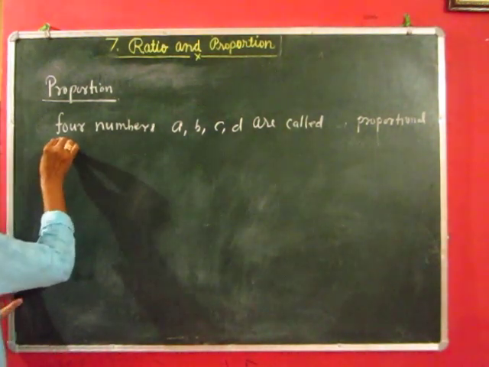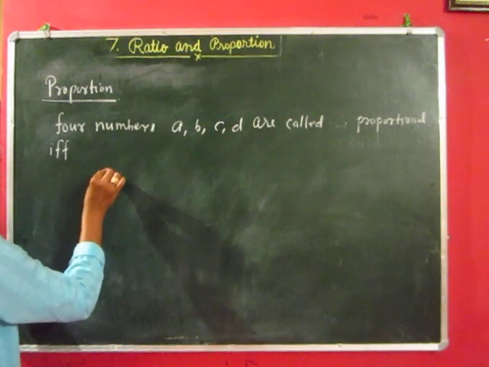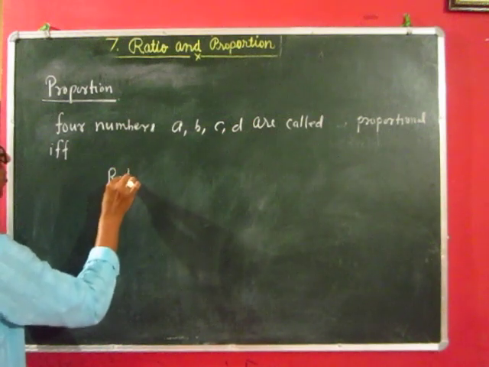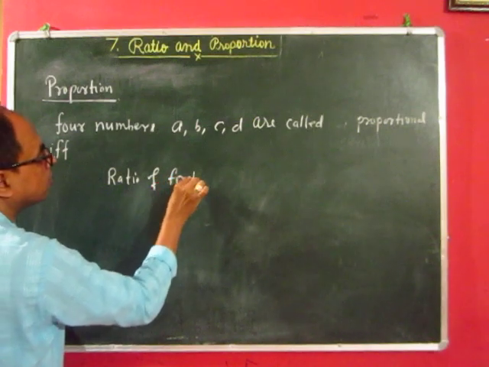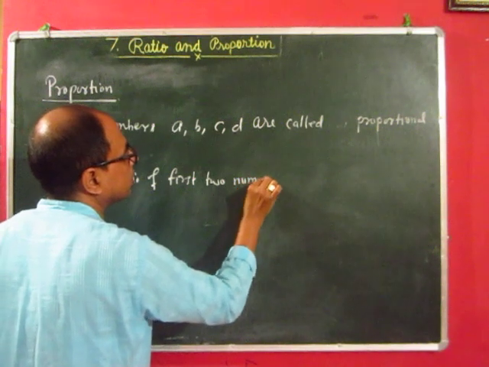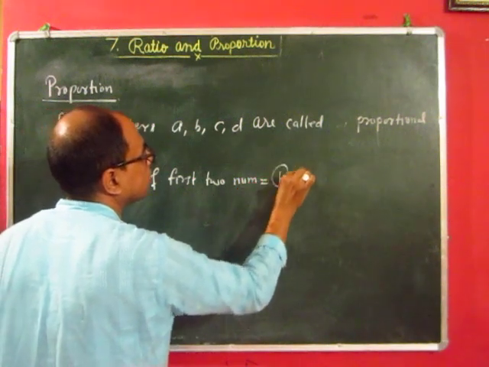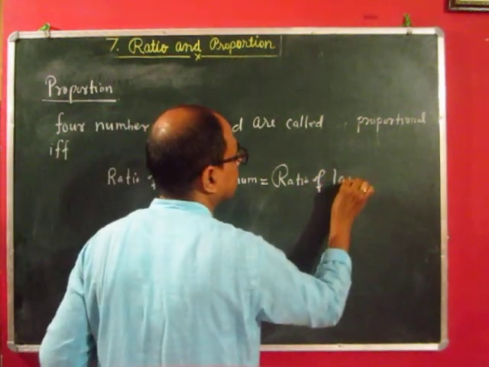if the ratio of the first two numbers is equal to the ratio of the last two numbers.